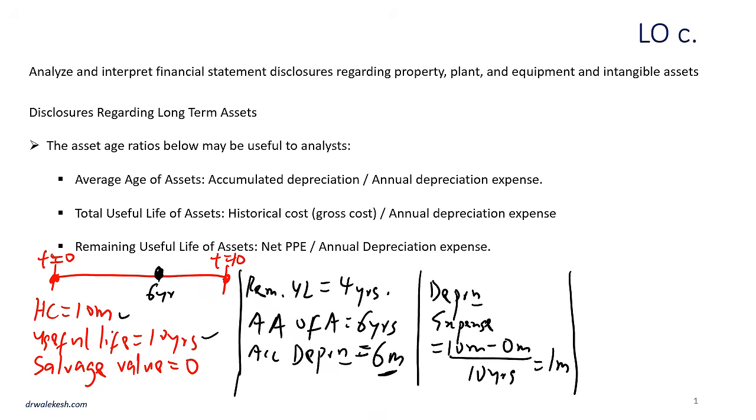So the accumulated depreciation at the end of year 6 will be 6 million. On this day, the net PPE, which is the historical cost less the accumulated depreciation, would be 4 million.